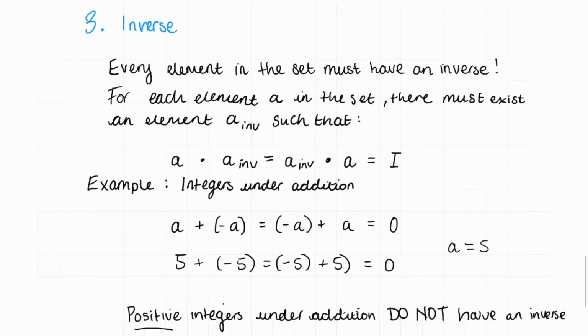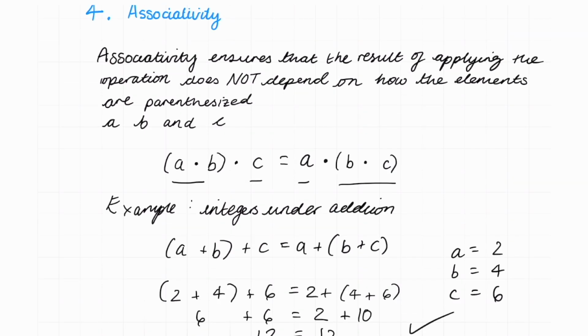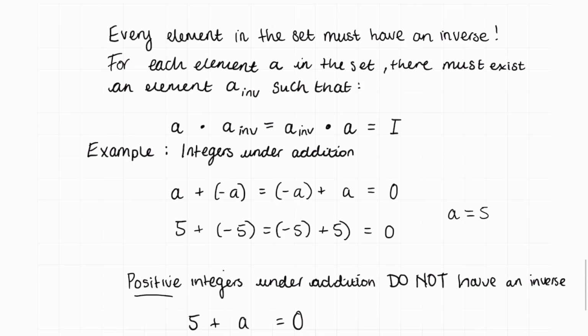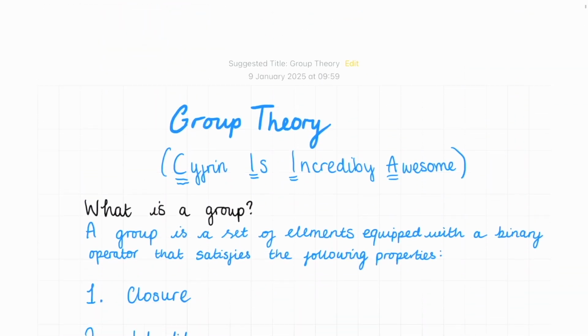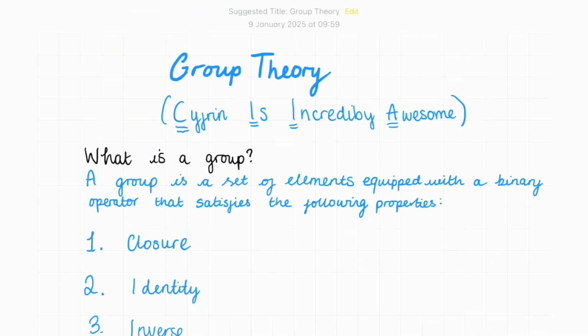Every element must have an inverse, so any element operated on with its inverse will yield the identity element again. And associativity. Associativity ensures that the result of applying the operation does not depend on how the elements are parenthesized. And so you can see that the definition of a group really isn't that complicated. You have a set of elements, you have a binary operator, and it must satisfy these 4 properties.